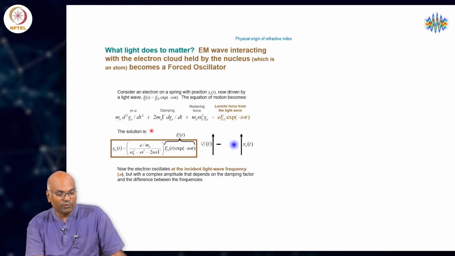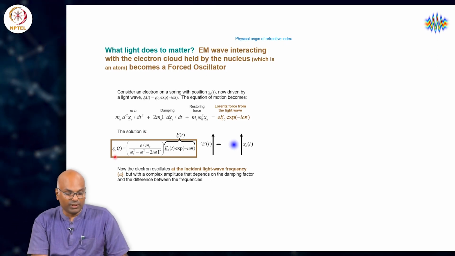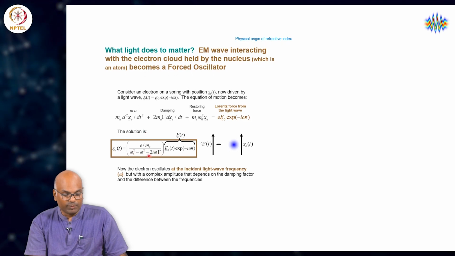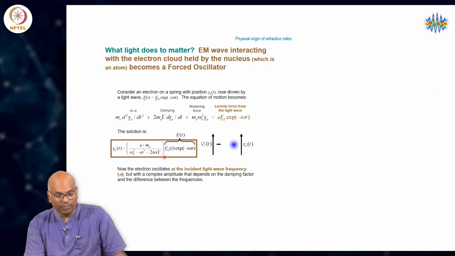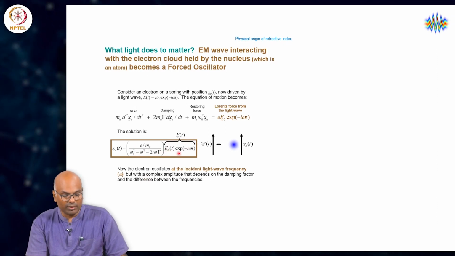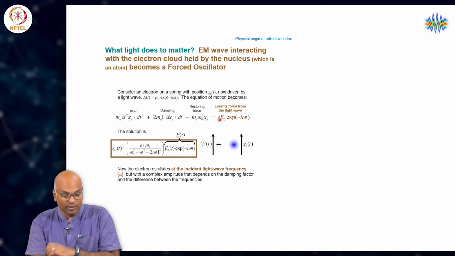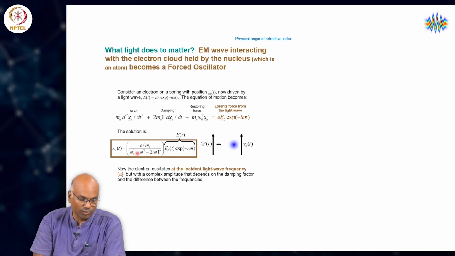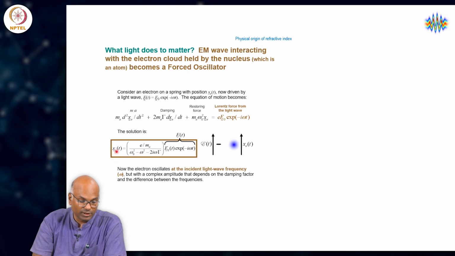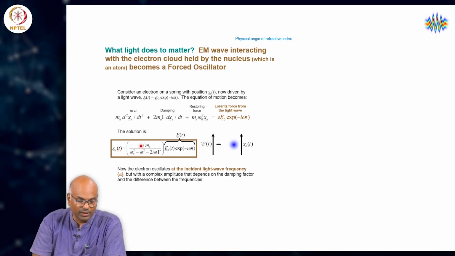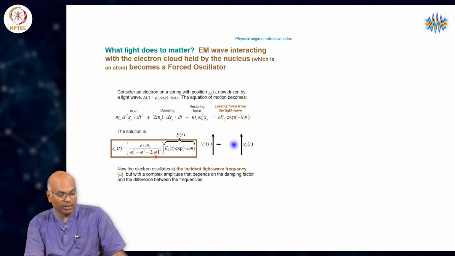So, if we solve for x of t, x_e to denote that it is the excursion of the electron cloud with respect to the nucleus, then we get the electromagnetic wave back in this expression, but then we had the prefactor, which was just E earlier in terms of the driving Lorentz force. Here now in the solved equation for the displacement of the electron, we have E by m of the electron divided by omega naught squared minus omega squared minus 2 i omega gamma.